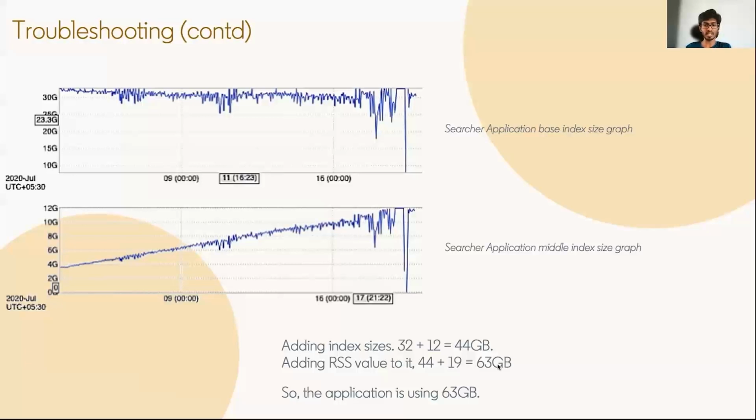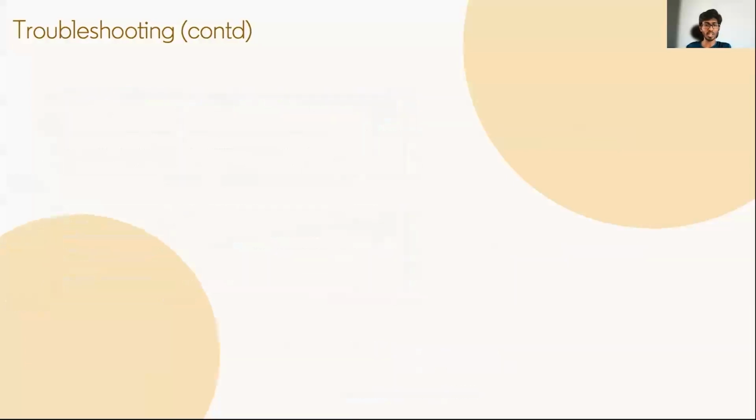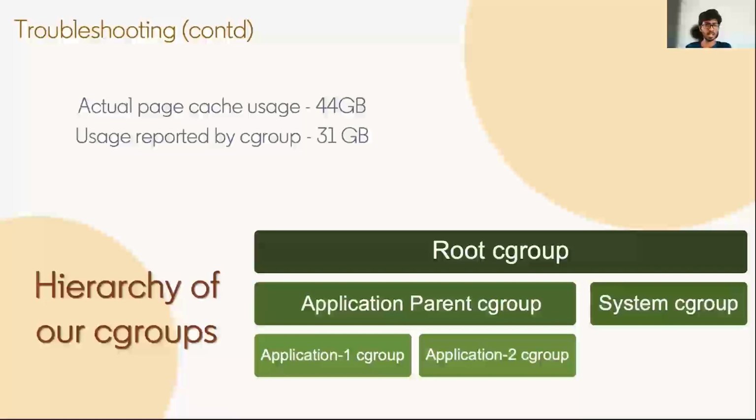So the application says that it's using 63 GB of memory, whereas C groups tells us that it's using 51 GB. So somebody is reporting wrong here. And it's most probably C groups, because we did validate these things from the application's point of view with the files and RSS, and that should be right. So what exactly is wrong? The actual page cache usage is 44 GB, but the one reported by the C group is only 31 GB.